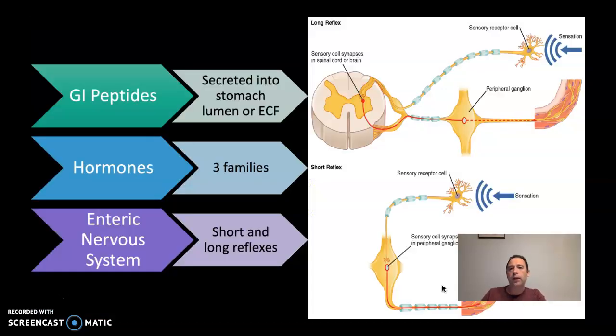In terms of regulating the digestive process, there are a number of different signaling molecules and pathways. The first is a series of peptides called GI peptides, which may be secreted into the stomach or into the interstitial fluid by the GI epithelium.